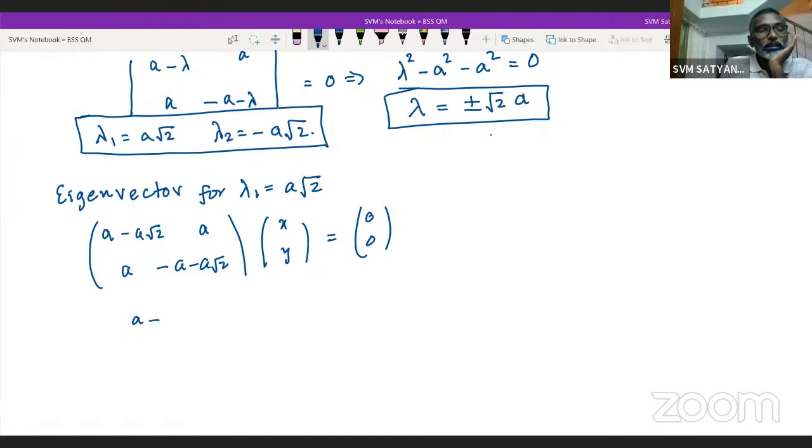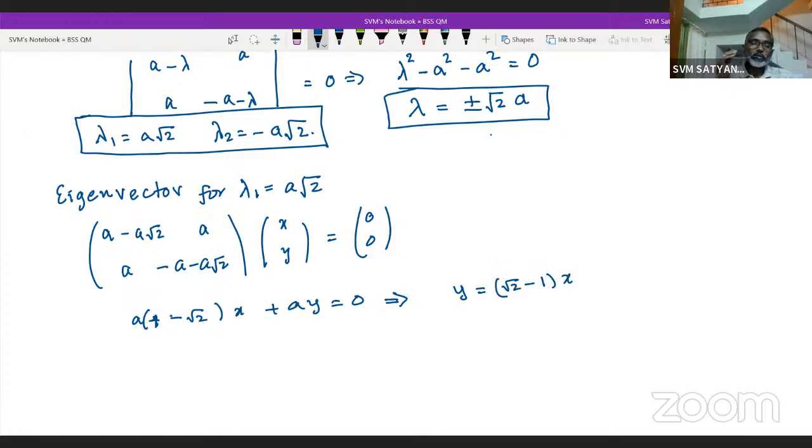So that means I have A times (1 minus root 2) times x plus A times y equal to 0. That is one equation. The other equation will also give you something similar, but of course we have to show it. So what we have is y is equal to root 2 minus 1 into x.